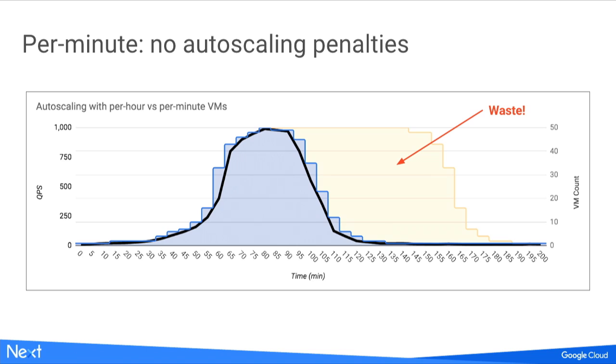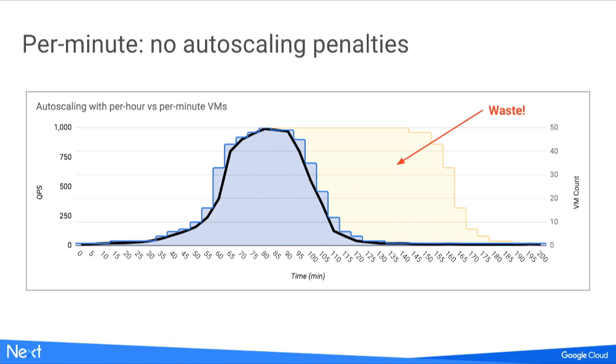So in order to react to that scale, you're going to spin up something like 50 VMs. But here's the thing. When you go to spin those down, whether you spin them down right away or not, if you're paying per hour, you're still paying for another chunk of usage that's almost as big as the spike itself. In fact, it looks a little bit bigger.